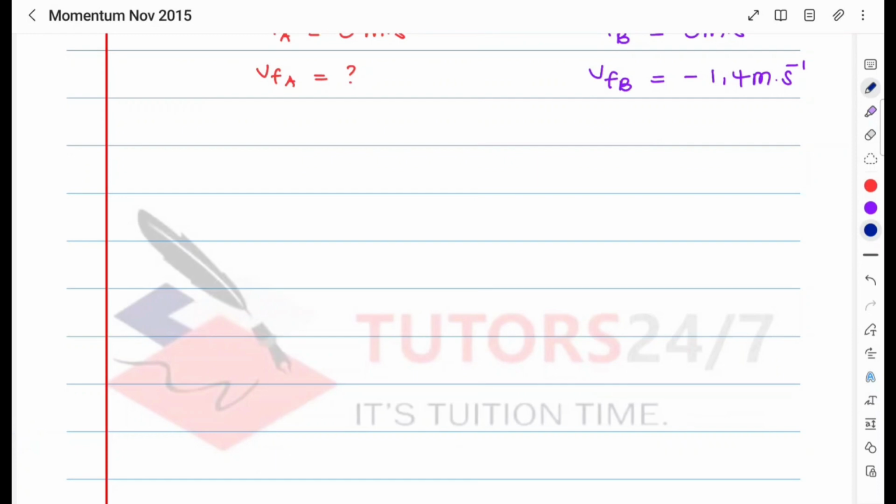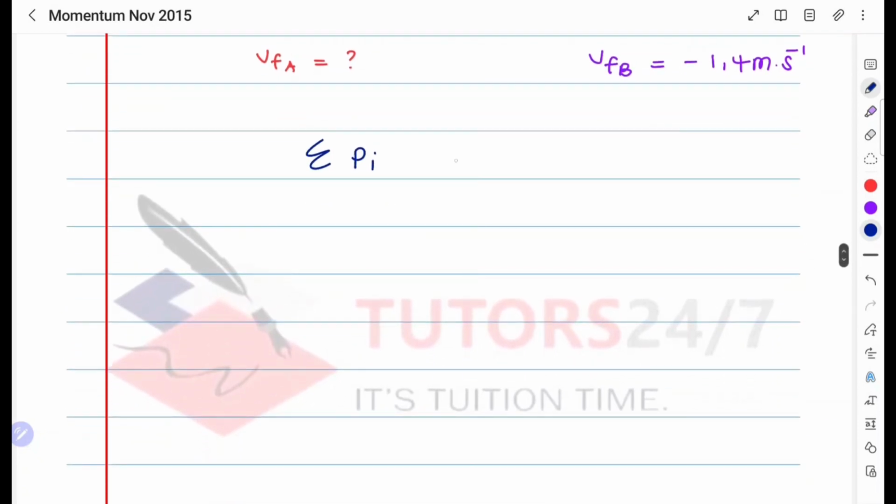The initial momentum of both objects is equal to the final momentum of both objects. So here we have the sum of the initial momentum is equal to the sum of the final momentum.